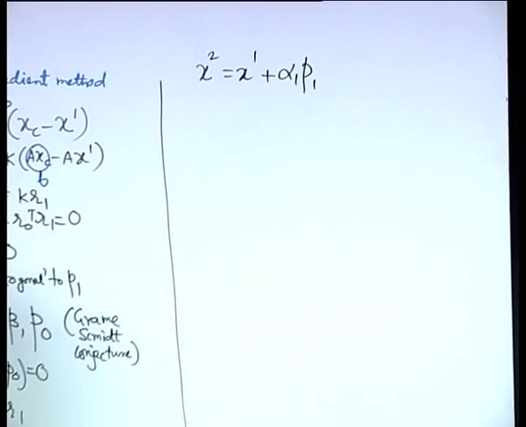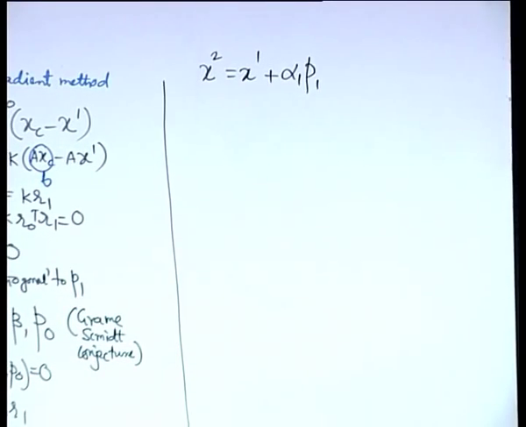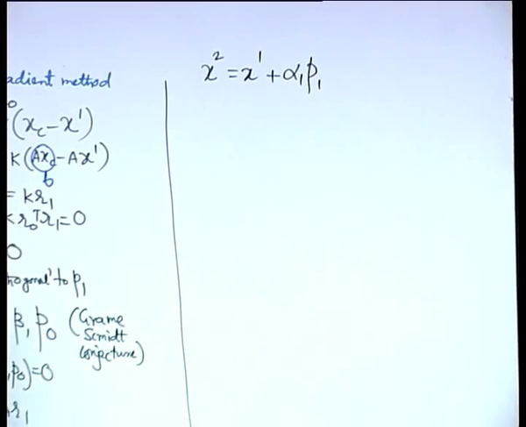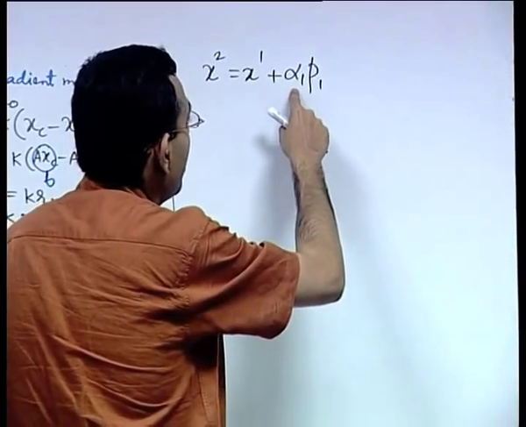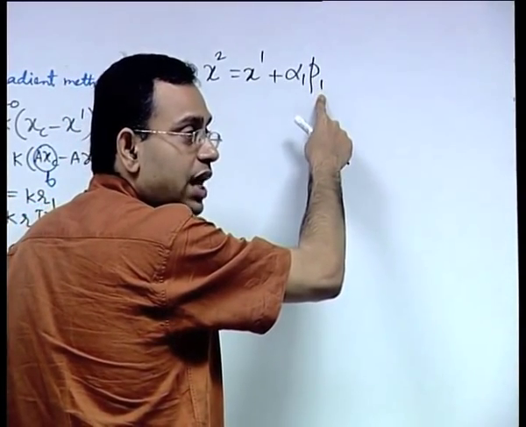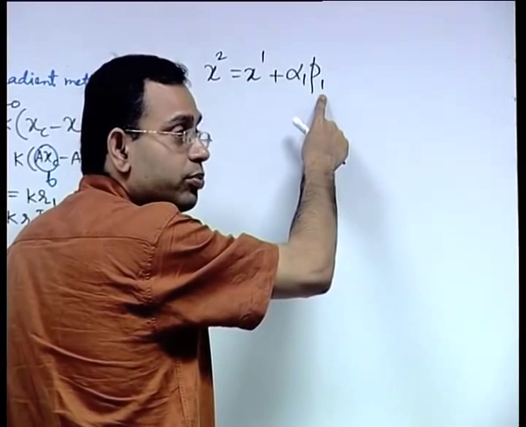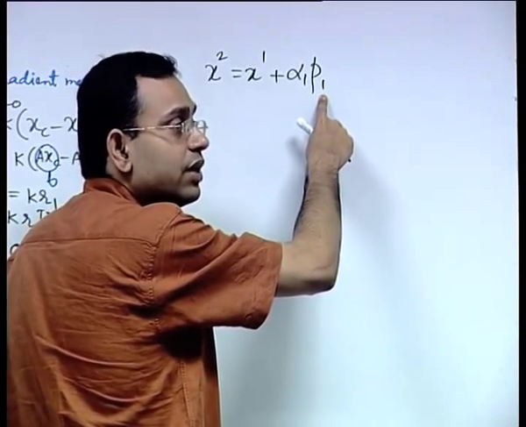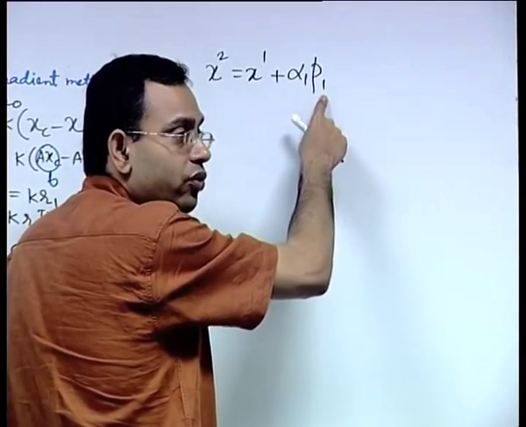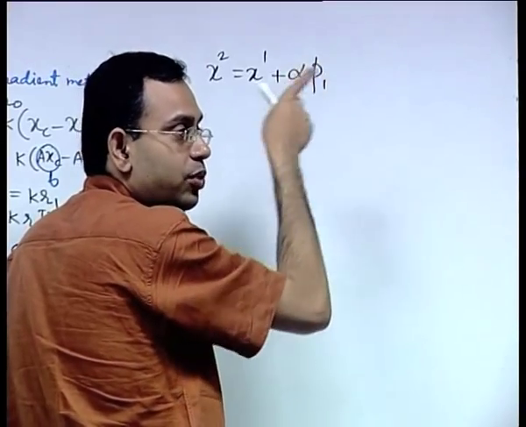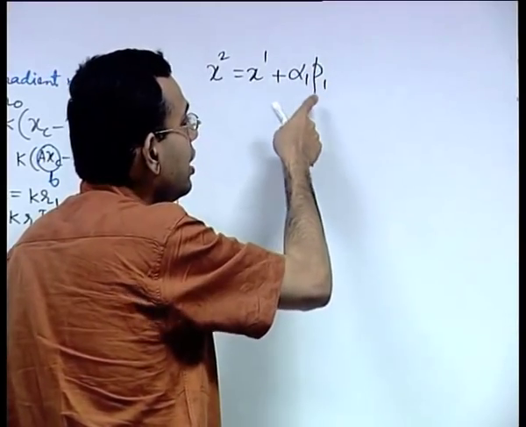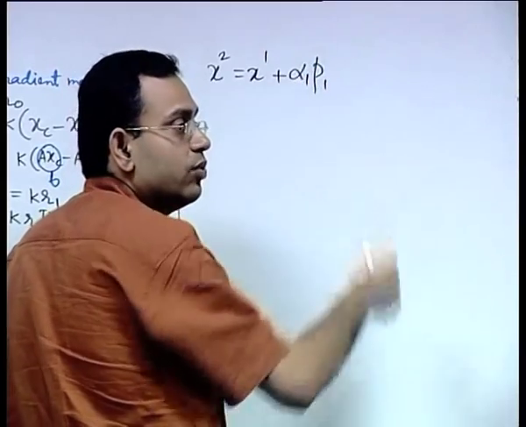See, here lies the difference between the steepest descent and the conjugate gradient method. In the steepest descent method it was alpha 1 r1, so you moved along the direction of r1. Now you are not moving along the direction r1 but a different direction p1, with a hope of reaching the target, the solution, directly in one step.